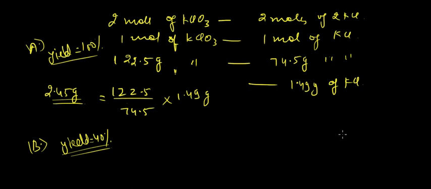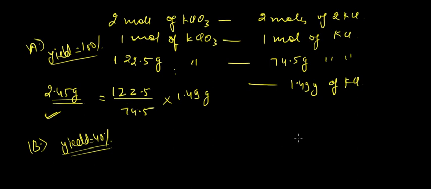Okay, so for this now, 122.5 gram would produce 74.5 gram when the yield was 100%. Or rather you can say that 1.49 gram of KCl were produced if we had 2.45 grams of KClO3 in the mixture.